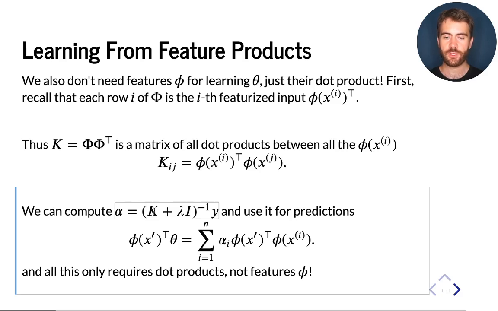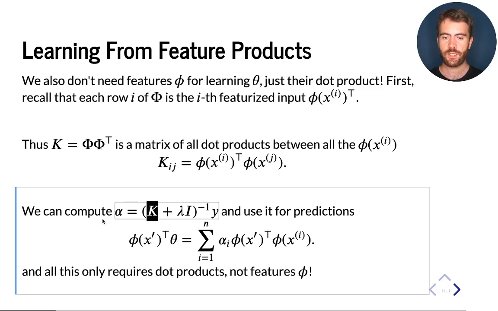The only way in which these features show up is via the matrix K. So if we can compute K efficiently without the features, then we can use this formula to efficiently compute predictions at new inputs x prime.